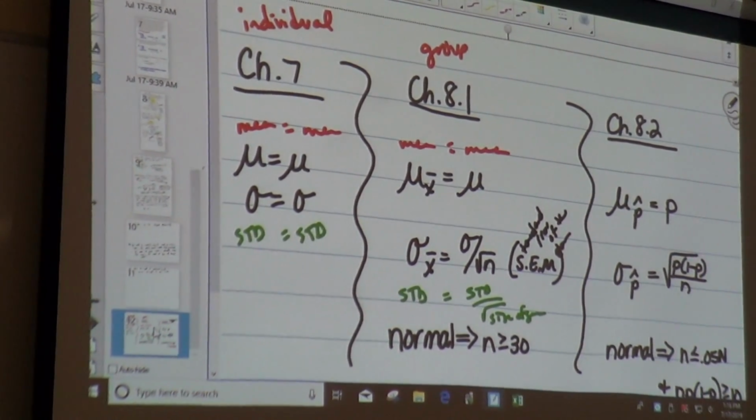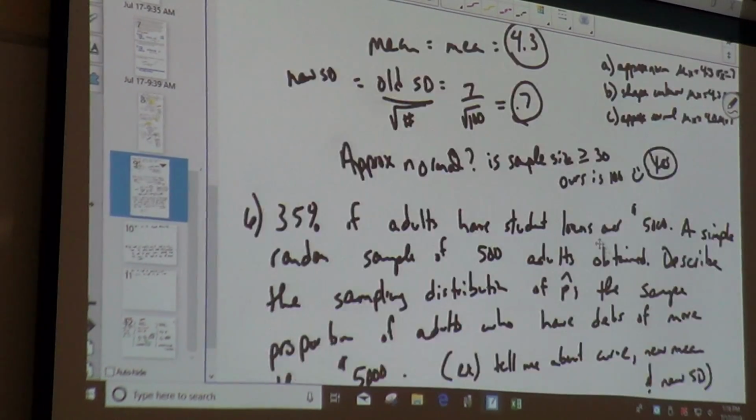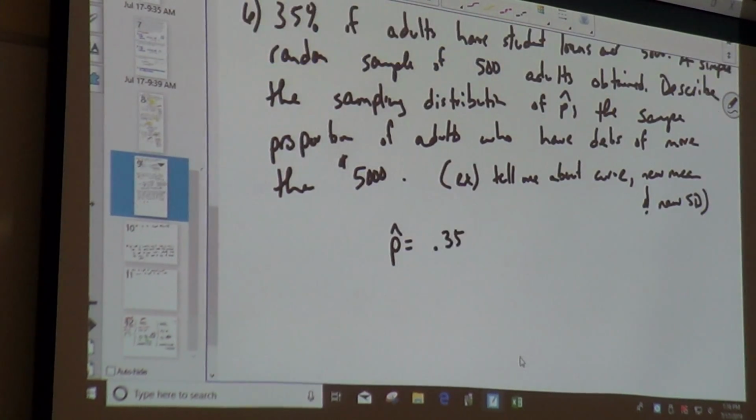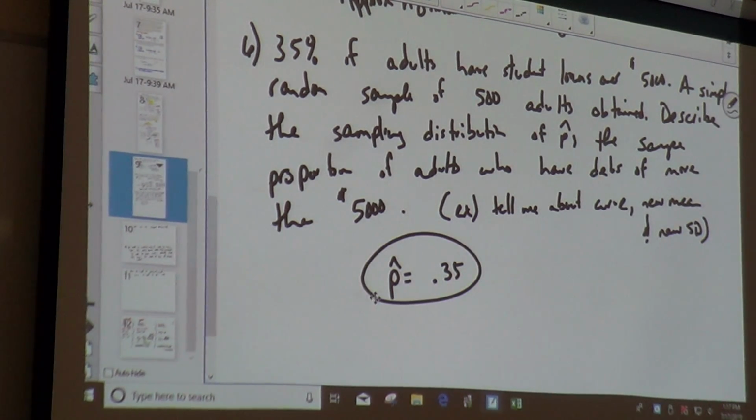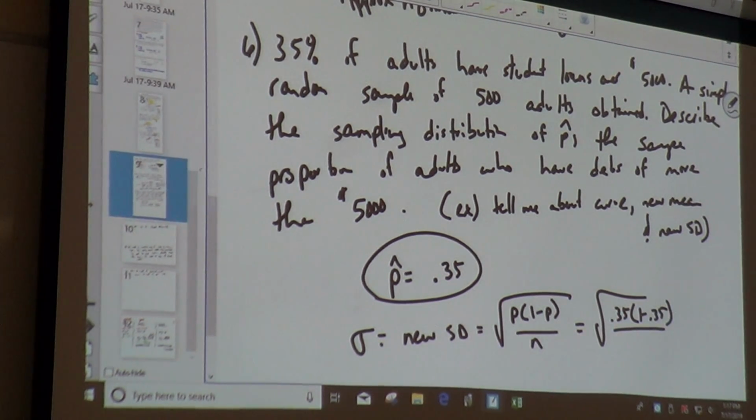Now we have to calculate the standard deviation. The first question was, what is your P? Now, what is my standard deviation? My new standard deviation is going to be the square root of P times 1 minus P over N. So it's the square root of 0.35 times 1 minus 0.35 over what? What's my N? 500.